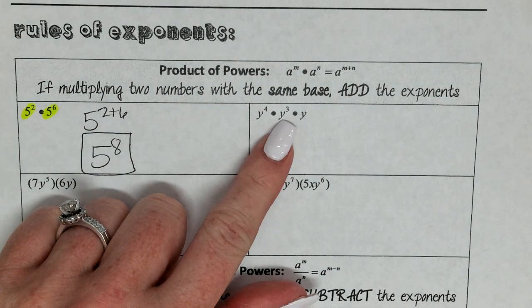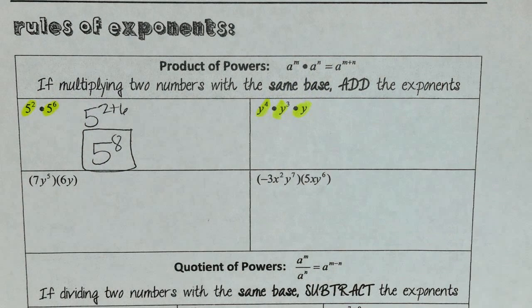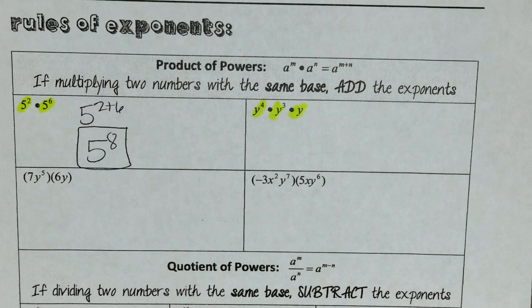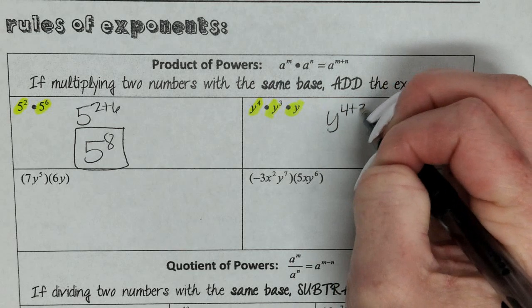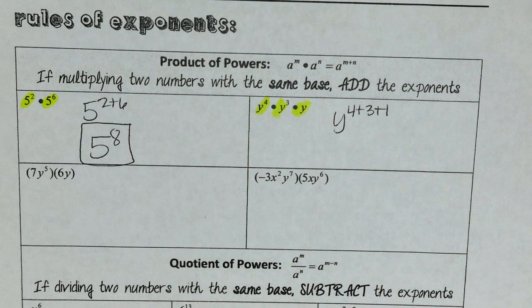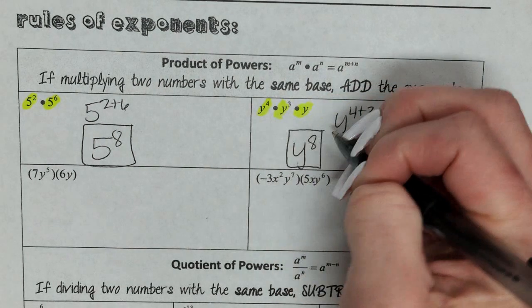Okay, y'all try this one on your own. You should have done y to the 4 plus 3 plus 1, which is y to the 8th.